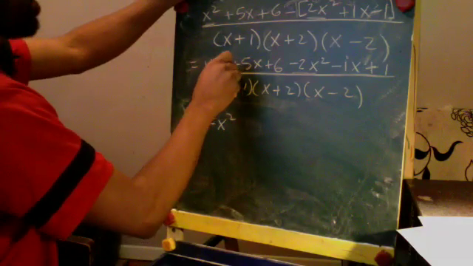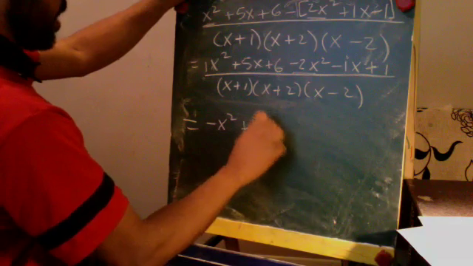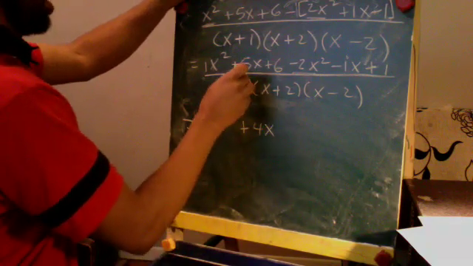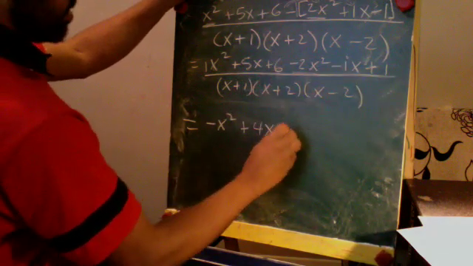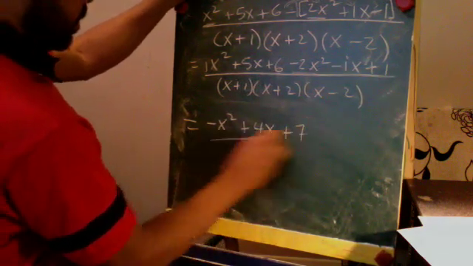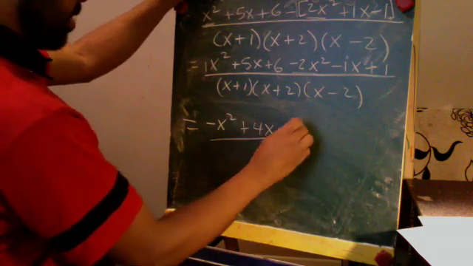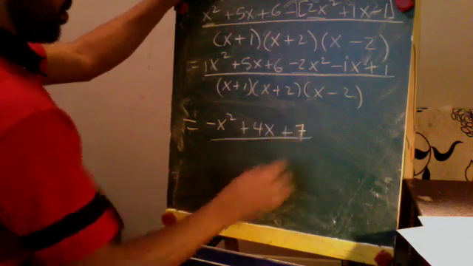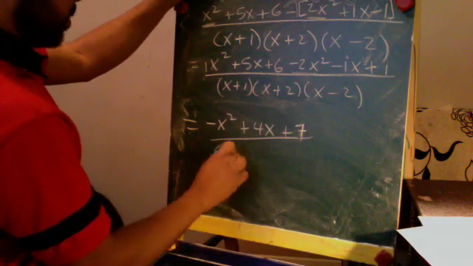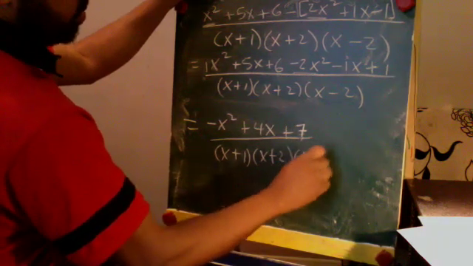And you have a 5x minus a 1x, which is a plus 4x. And here you have a 6 plus a 1, which is a 7. That's what it looks like, but it's a 7. And now I have a denominator x plus 1, x plus 2, x minus 2.